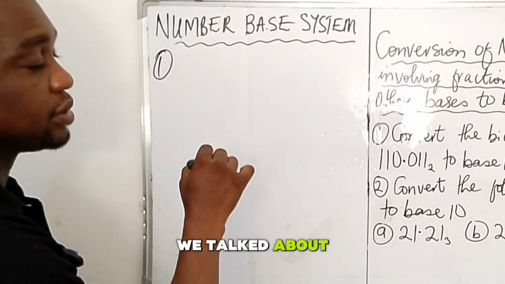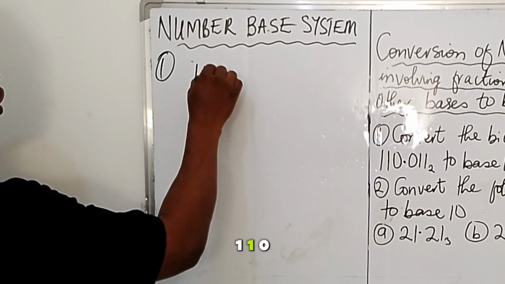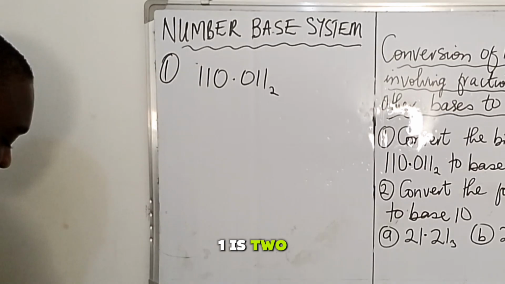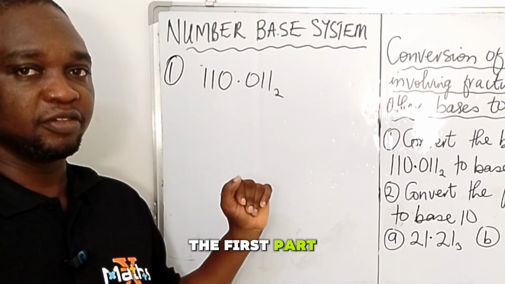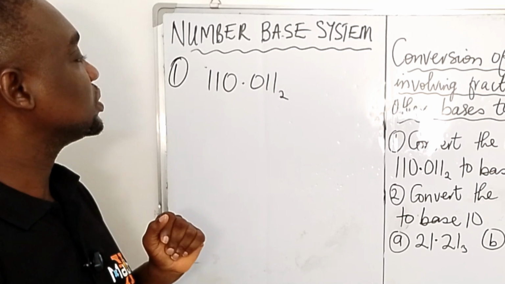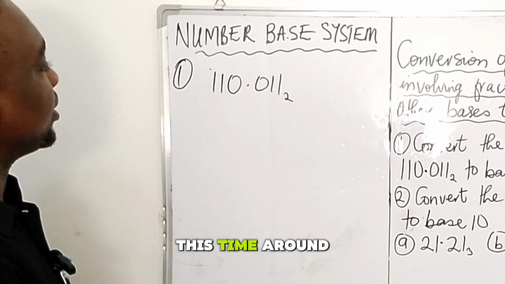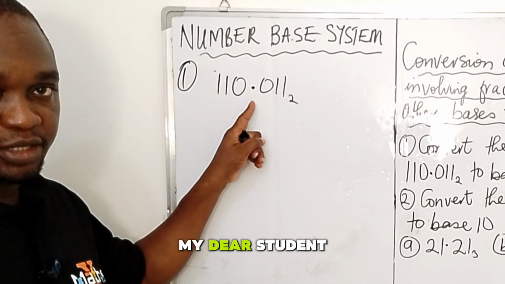we talked about 110.011 base 2. Like I said in the first part of our video, we're going to be going through an expansion process. And to do this time around, there is a decimal point here, my dear students and viewers.